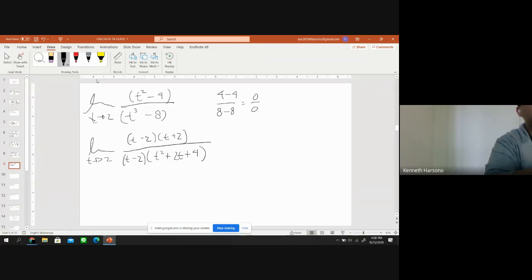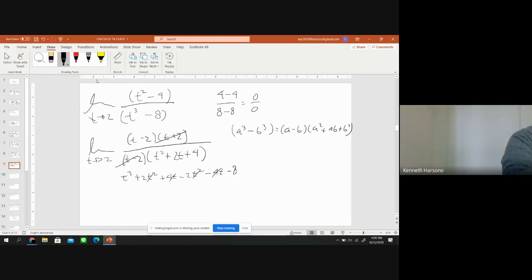This is the factoring, using that a cubed minus b cubed is the same as (a minus b) times (a squared plus ab plus b squared). From this, you can cancel this out.